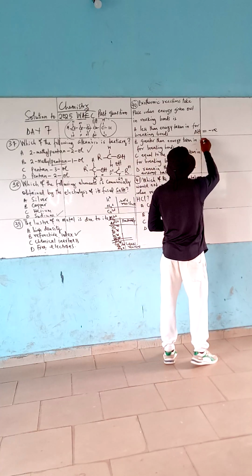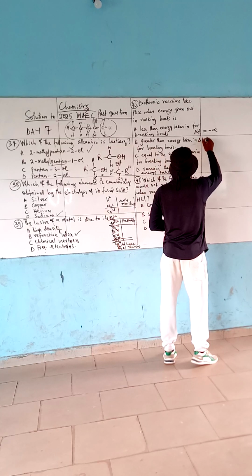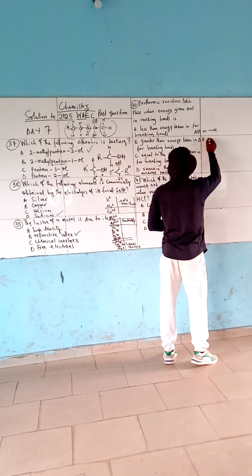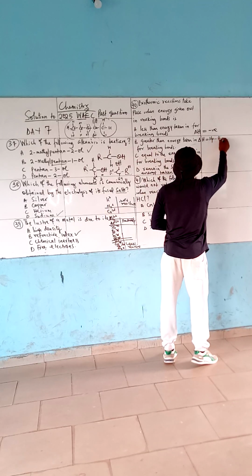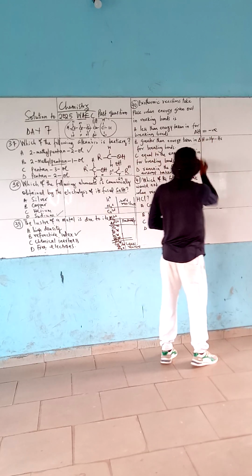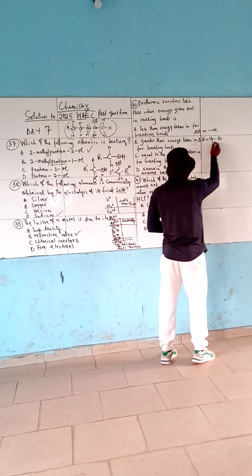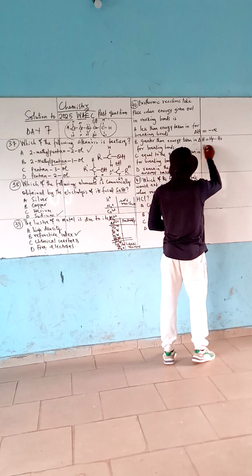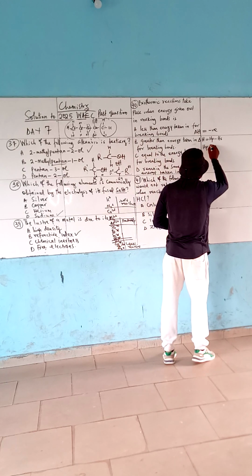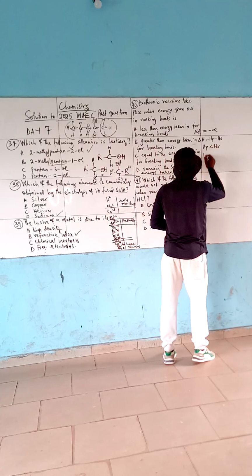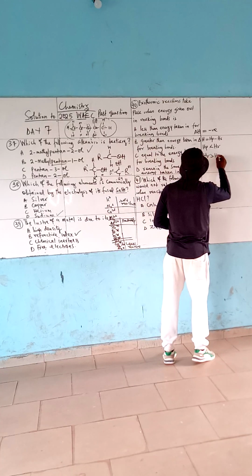For delta H to be negative, the heat of the product must be less than the heat of the reactant, or the heat of the reactant is greater than the heat of the product.